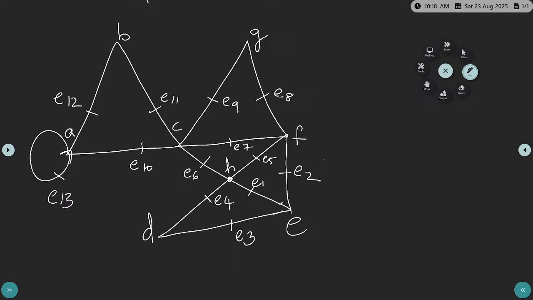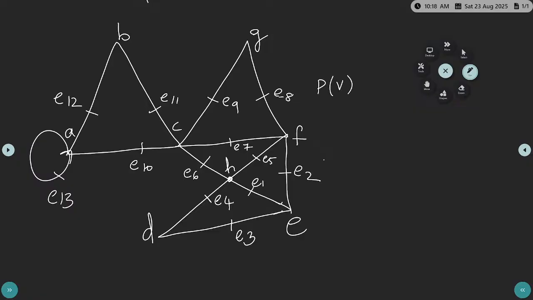Write down, first, pendant vertex, pendant edge, subgraphs, degree of a vertex, even degree, odd degree. These are all questions.